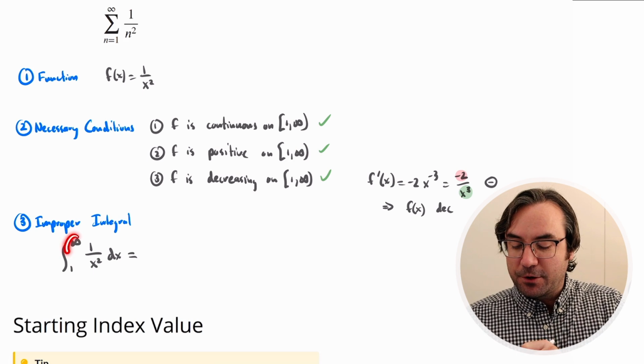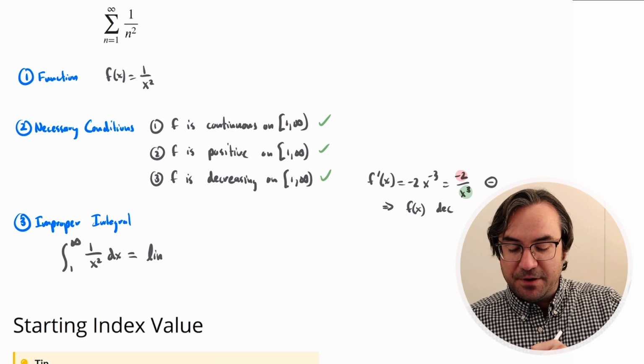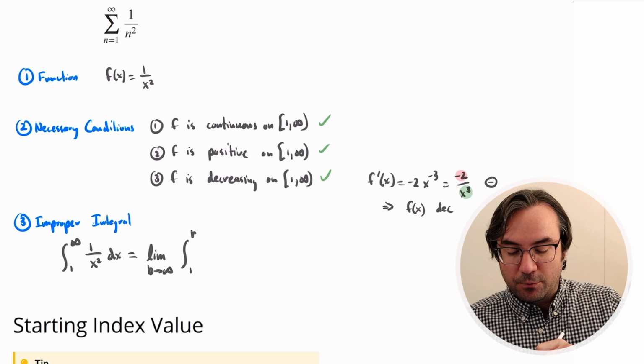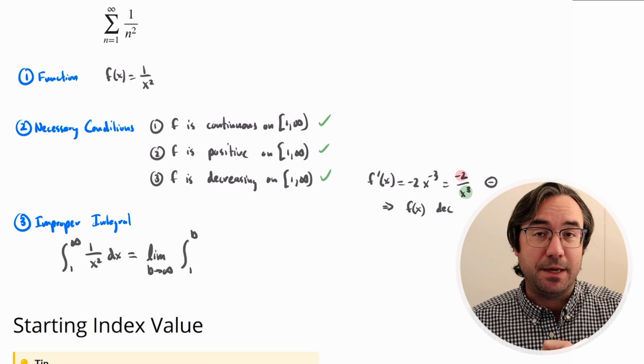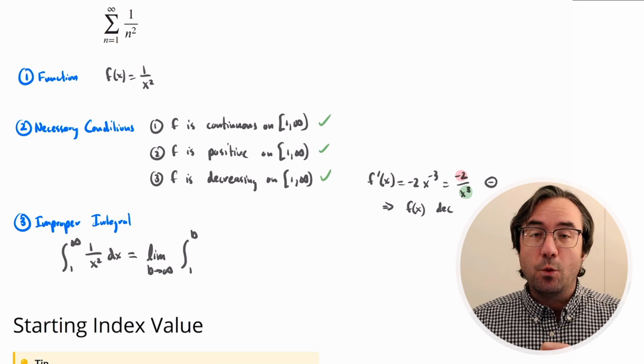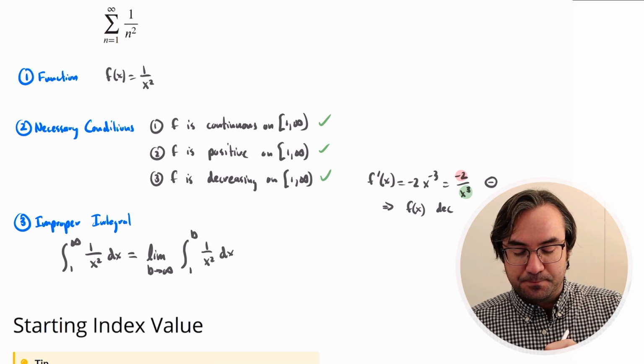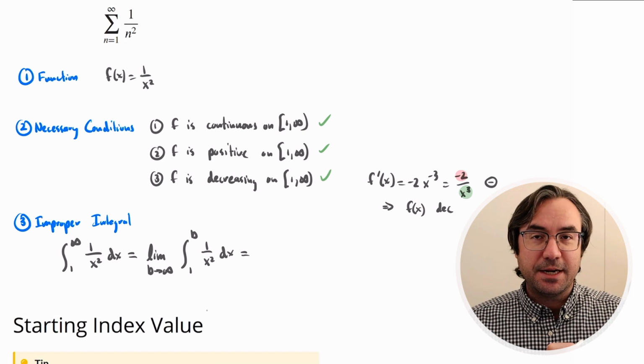So for an improper integral, first step, rewrite this as a limit. So we're going to peel the infinity off of the integral sign, and we're going to replace it with some new variable b. So we'll do the limit as b goes to infinity, the integral from 1 to b. Same function, 1 over x squared. Okay, so we get our antiderivative.